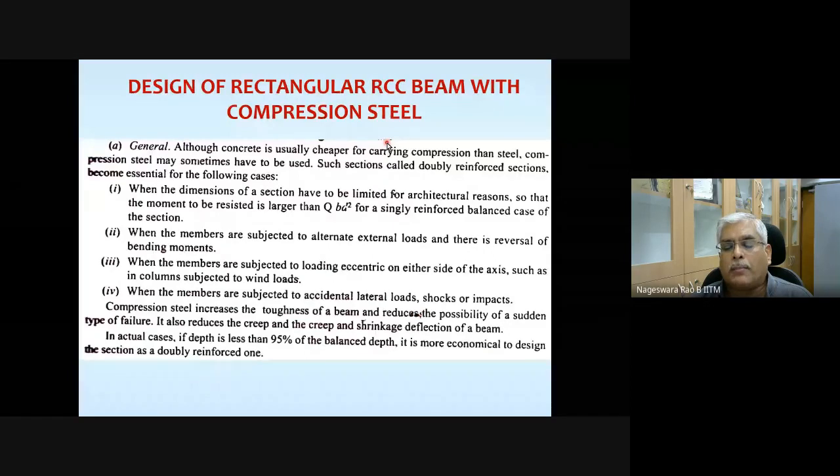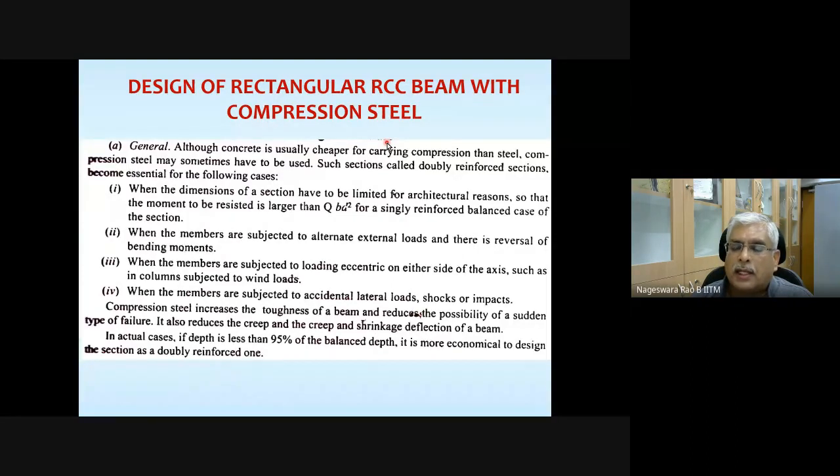So whenever you compensate the compression region with compression steel, an equivalent amount of tensile steel has to also be provided, so that additional moment of resistance can be generated. This is the procedure we'll be following.